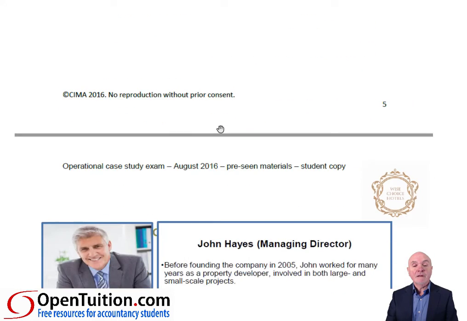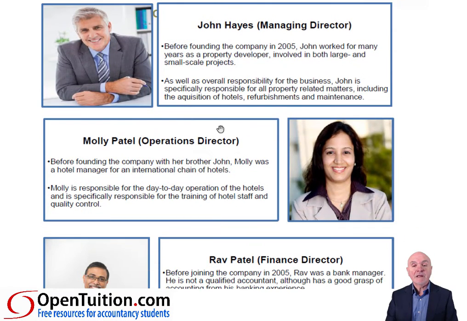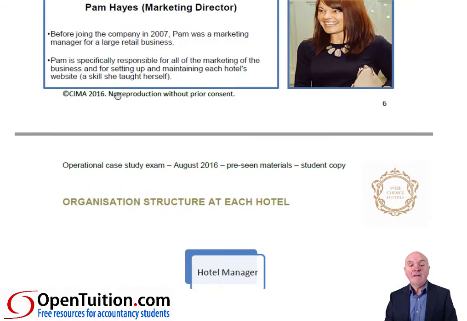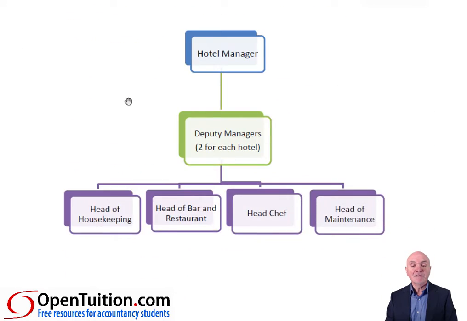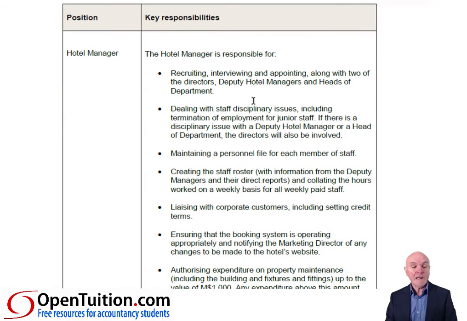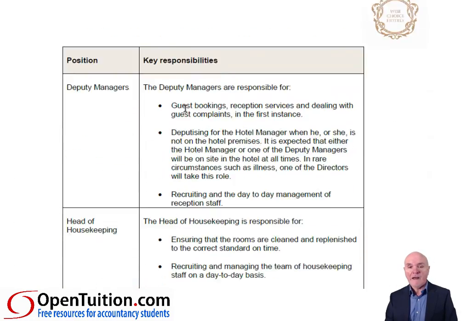We have a little bit then saying in more detail who these people are and exactly what their responsibilities are, and so on, down to the hotel managers and what they're going to be responsible for in here. Quite a lot of that.